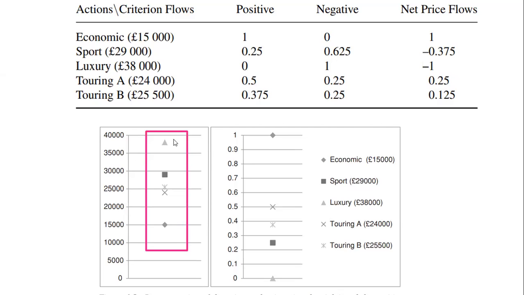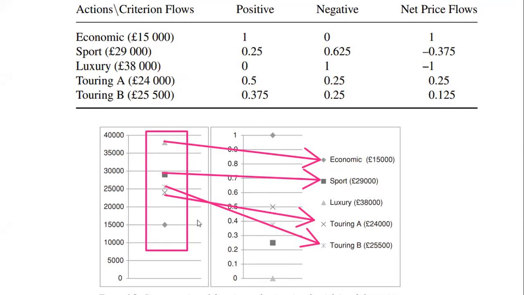The economic car will be the first one, and then the sport car is the second one. After that, you will have touring B, and then touring A, and then the economic here, luxury. The luxury is here.